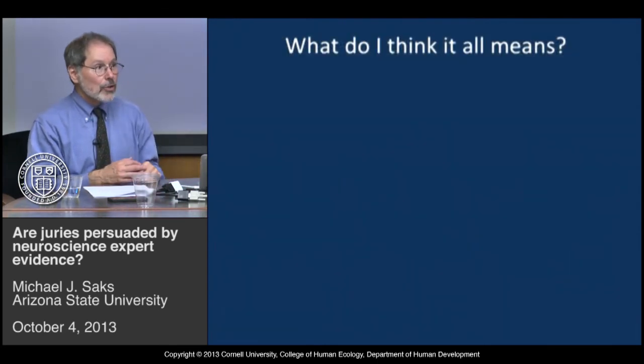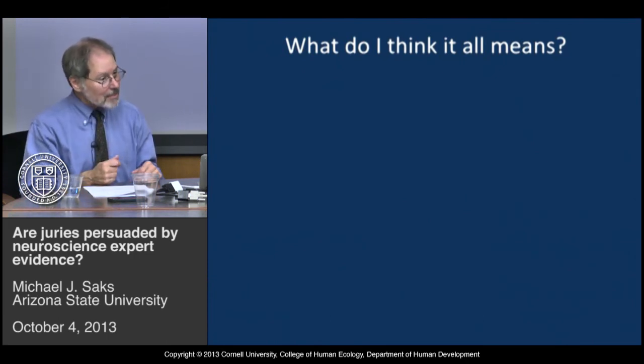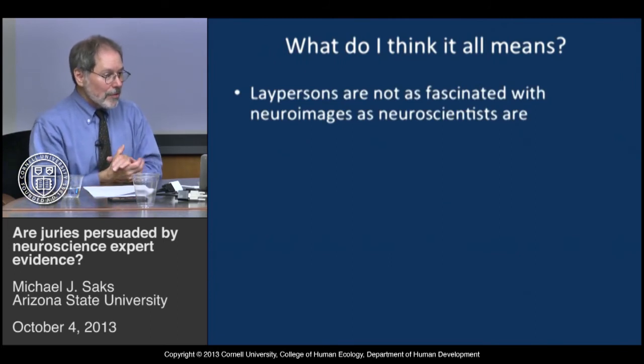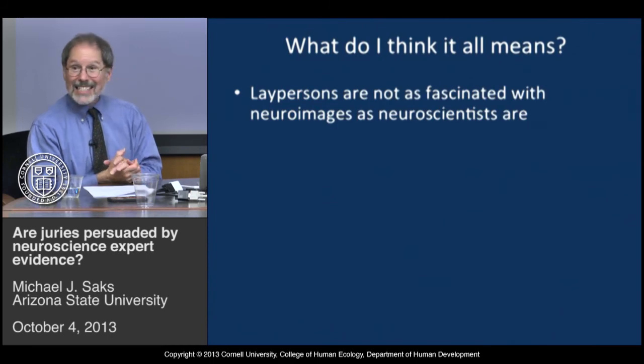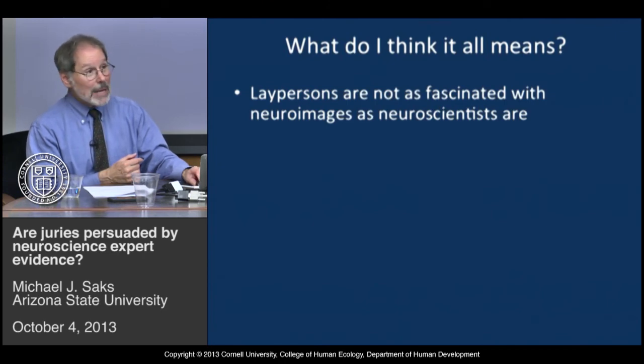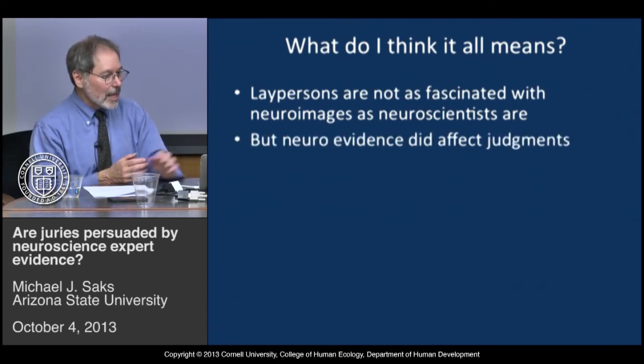So, to wrap it all up, what do I think all of this stuff means? I think it has proven that laypersons are not as fascinated with neuroimages as neuroscientists are. Indeed, I think they have a lot of trouble making head or tail out of them, and it's just confusing, unfamiliar stuff.